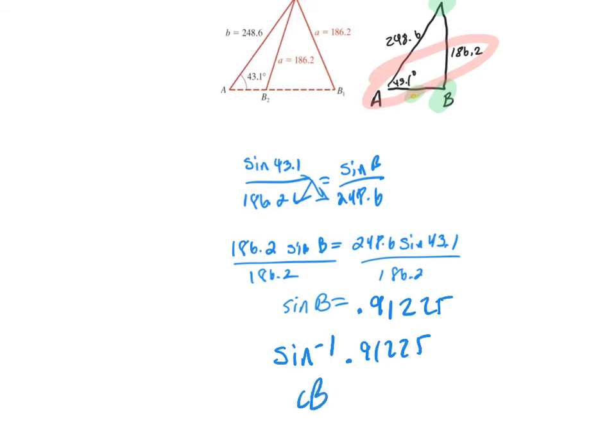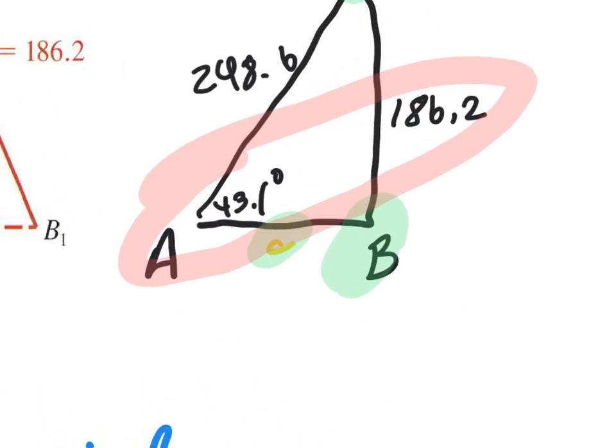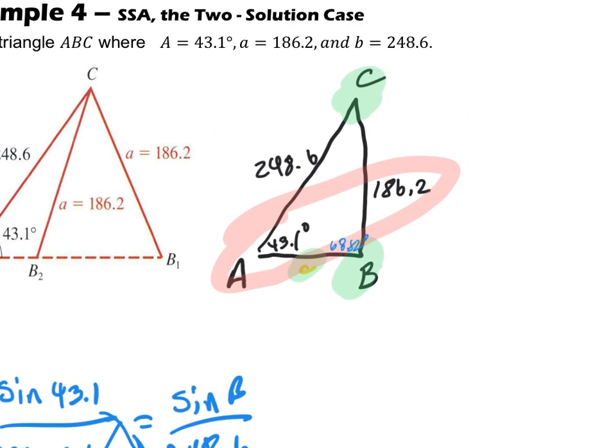And angle B measures about 68.82 degrees. So if I know that angle B is about 68.82 degrees, and I know what angle A is, I can add those two together and figure out what angle C is.